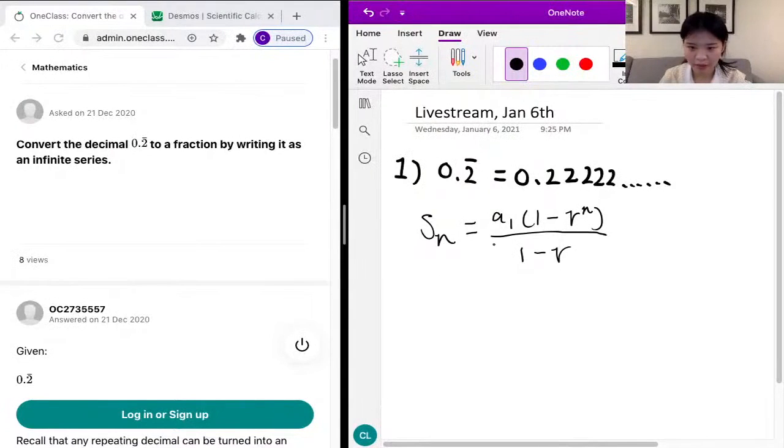In order to find this sum, we need to find the limit. This is just knowledge about geometric series.